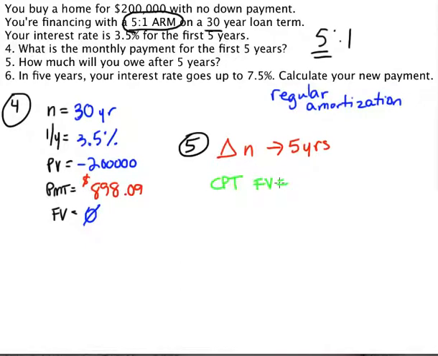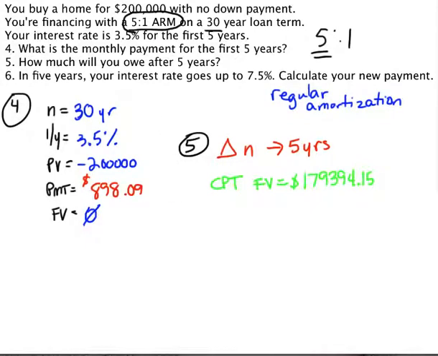I'm going to change N to 5 years, 5, 2nd N, hit compute future value, and it's going to be $179,394.15. If you're working along with me on this, then hopefully you got that amount.